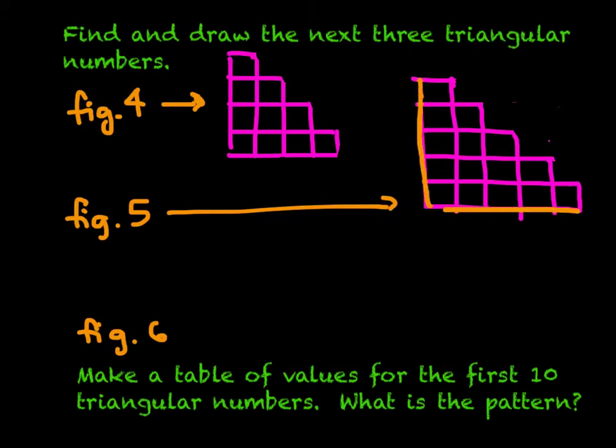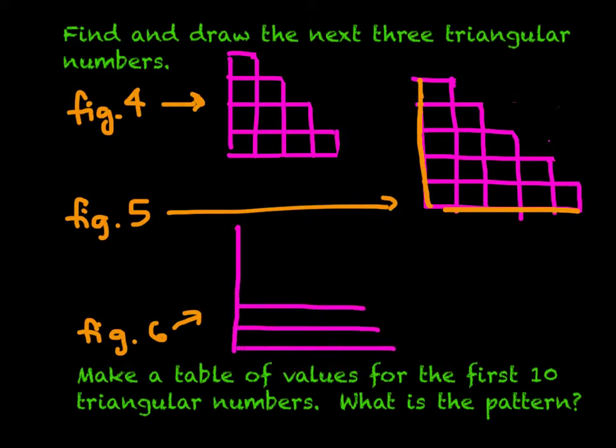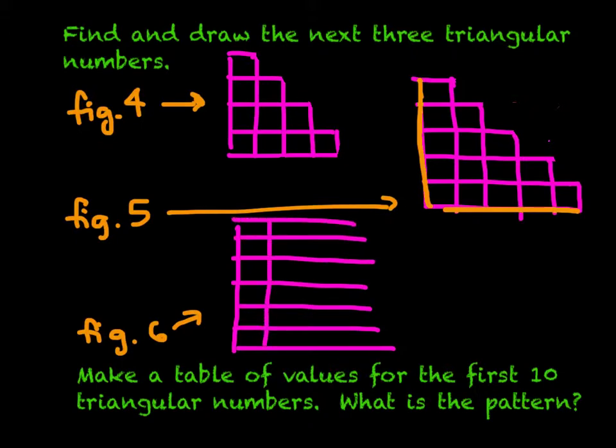That's kind of cool. These triangular numbers are almost isosceles triangles. My figure number 6 is going to follow that same pattern. I'm going to have 1, 2, 3, 4, 5, 6 rows and 1, 2, 3, 4, 5, 6 columns, and then from there I'm going to erase my extra. So I'm just making those triangular steps.